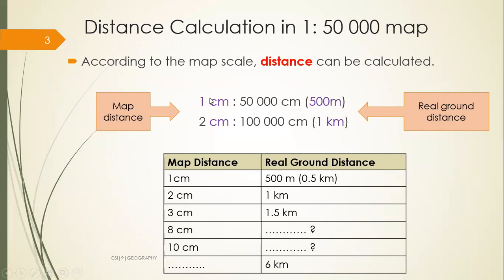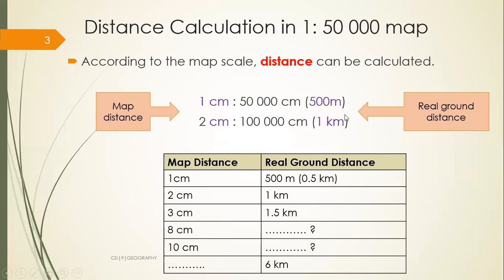Then 1 centimeter of the map will show you 500 meters or 50,000 centimeters of the real ground. It's equal to half of a kilometer, isn't it? 1 centimeter is representing half a kilometer, because 500 meters means half a kilometer.